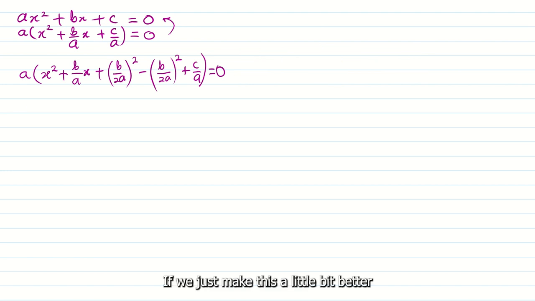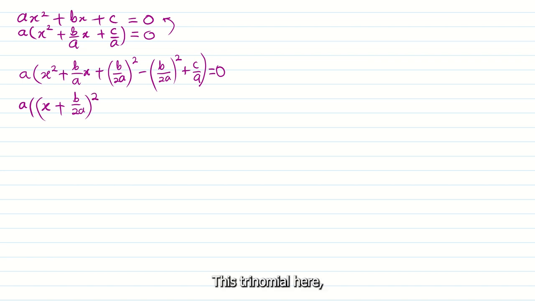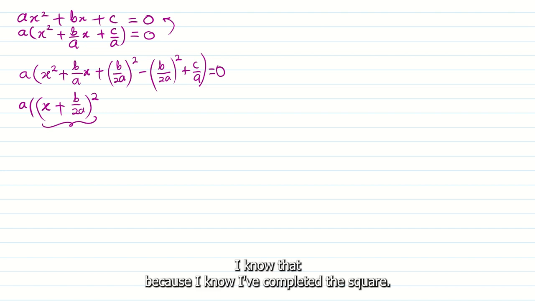If we just make this a little bit better, we could pick x as one of the squares here, and then pick the other square, which is b over 2a, and square it. This trinomial here is essentially the same as the one here. I know that because I know I've completed the square.